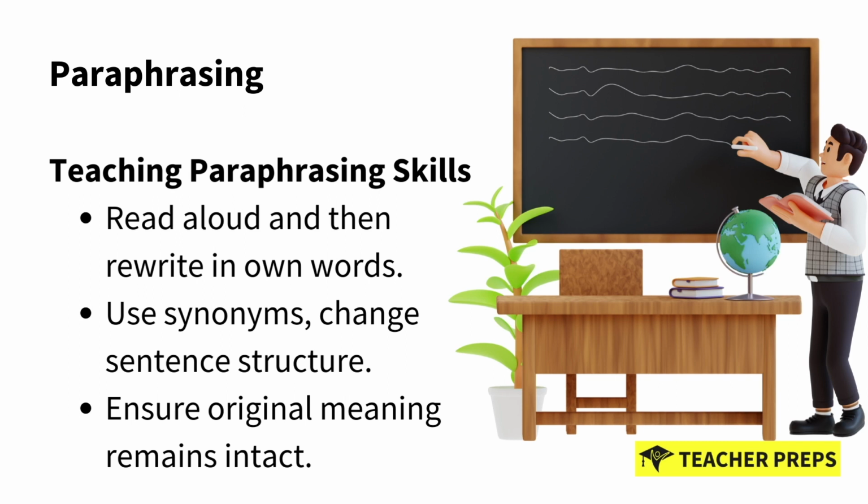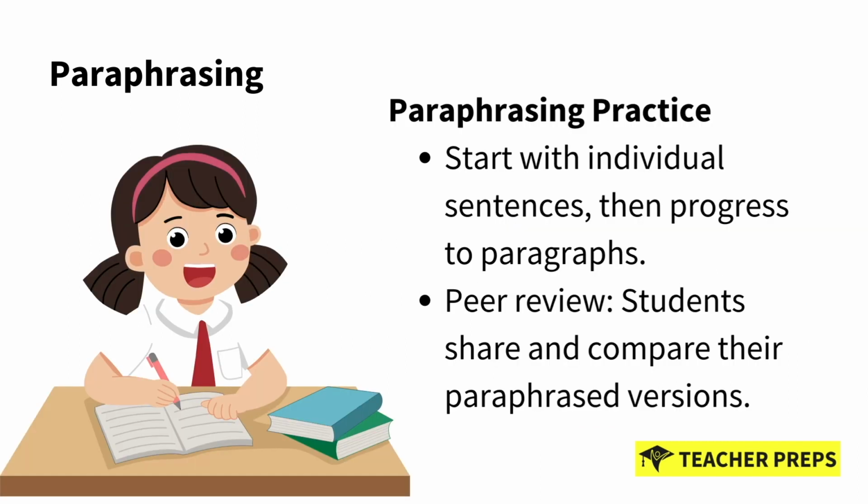Show the students your use of synonyms, changing of sentence structure, and ensure the original meaning stays intact. Next, give the students a chance to practice paraphrasing by providing individual sentences, then progressing to paragraphs. Also, utilize peer review, where students share and compare their paraphrased versions.